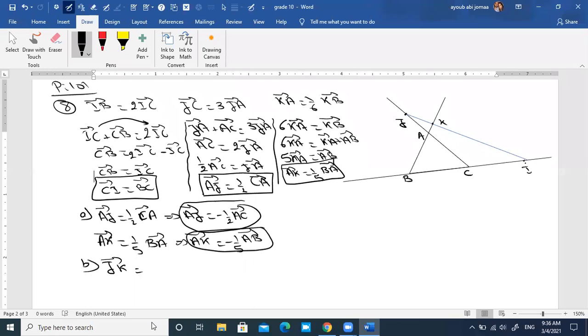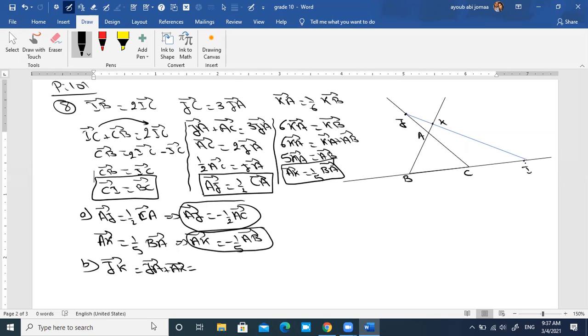Why? Because you already have it here. If you insert point A, you'll get JA, which is the opposite of AJ, and AK, which you have. These two vectors are written in terms of AB and AC. So insert point A: JA plus AK.